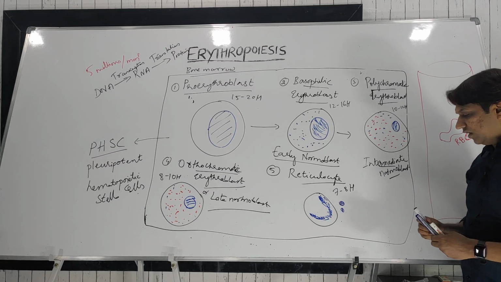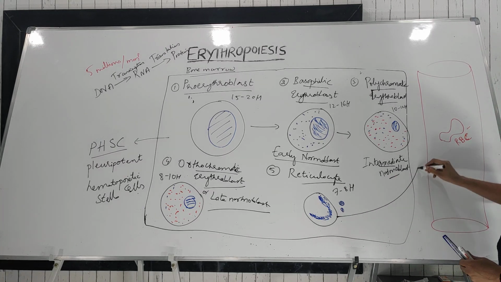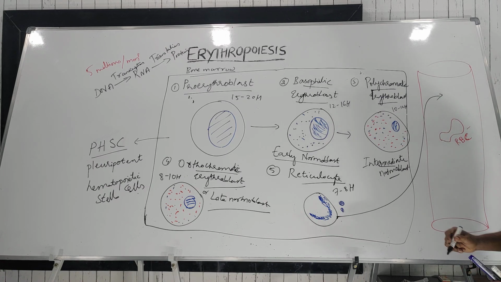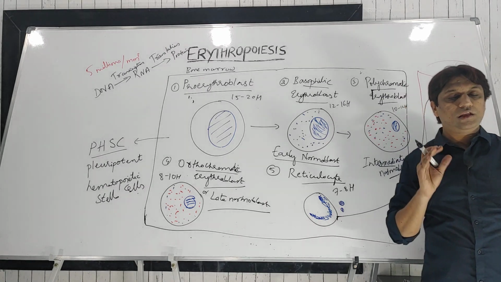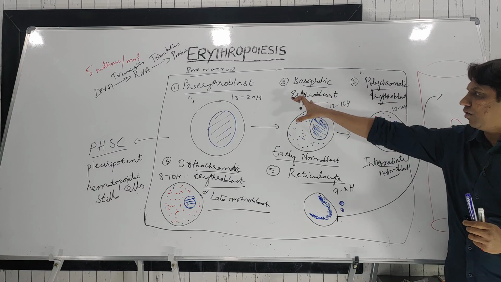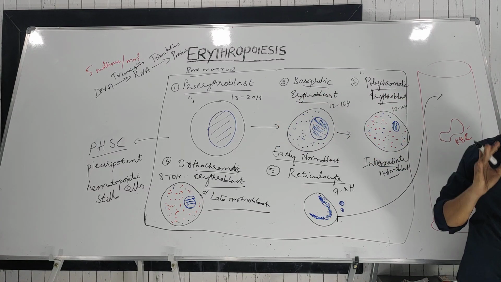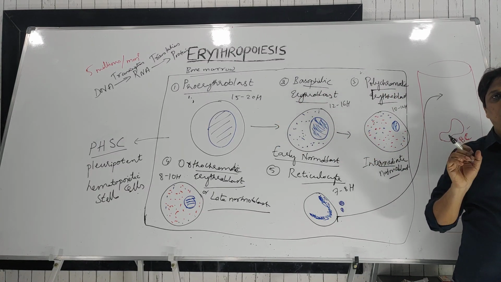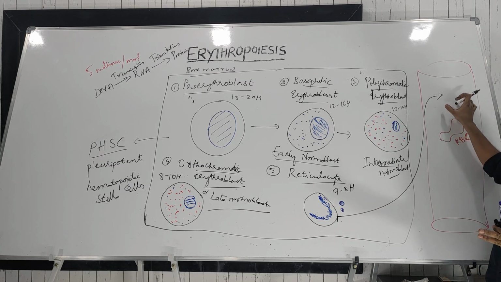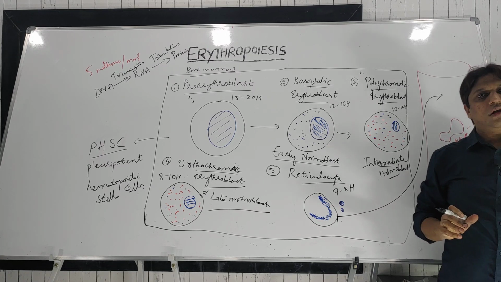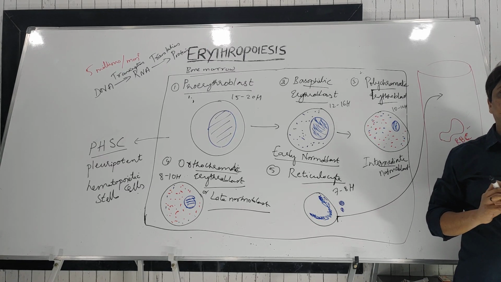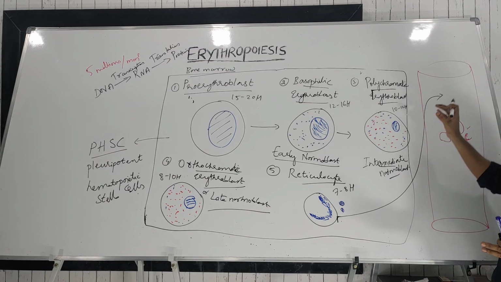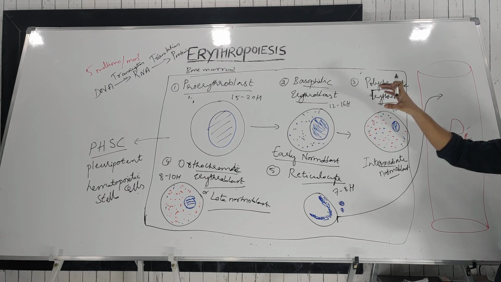Now this reticulocyte will enter into the blood circulation. How does it enter the blood? All these stages of development take place in the bone marrow. In the bone marrow, there are smaller blood vessels known as capillaries, and there are different types of capillary, like continuous capillaries, fenestrated capillaries, sinusoidal capillaries. So there will be sinusoidal capillaries in the bone marrow.